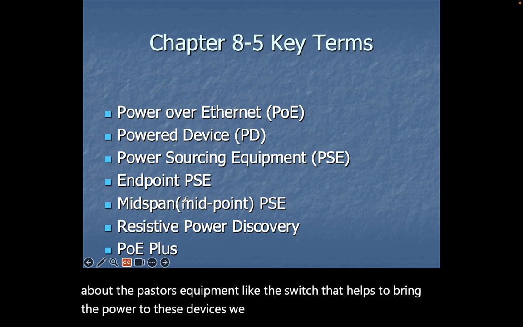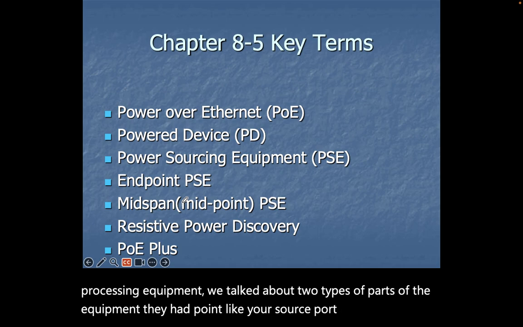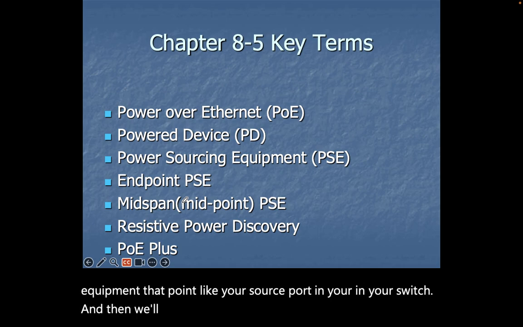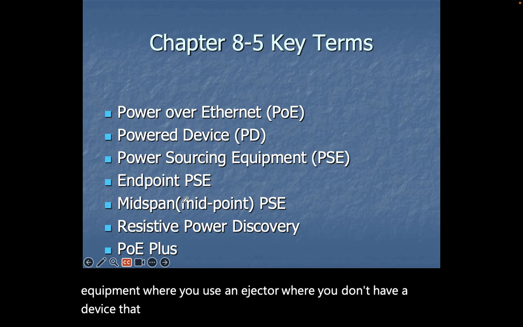We talked about two types of power source equipment: the endpoint, like your source port in your switch, and the midspan or midpoint power source equipment, where you use an injector and you don't have a device that will directly deliver the power. Then we talked about resistive power discovery.